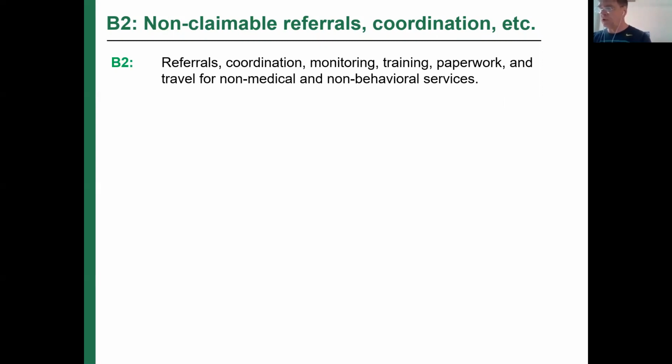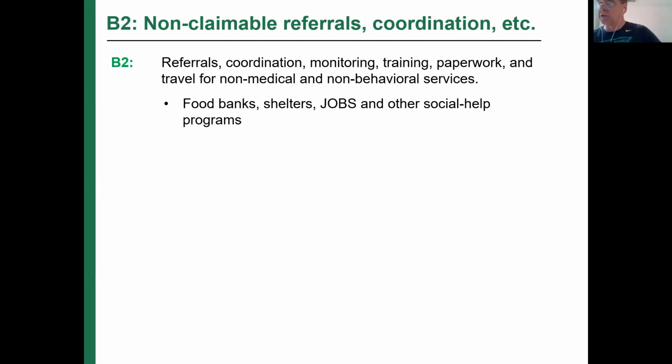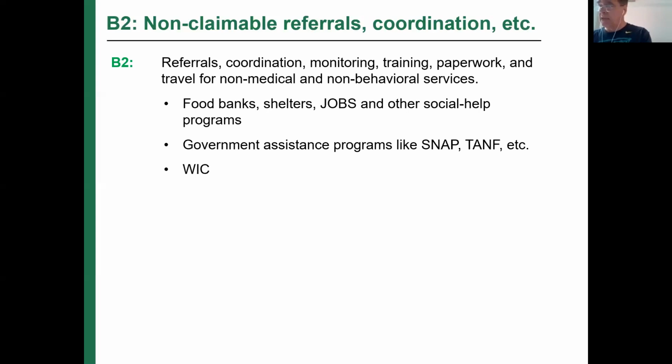So use B2 for time connecting clients to social health programs like food banks, shelters, job skills training, etc. Also to government assistance programs such as food stamps or SNAP, TANF, and so on. You also use B2 for referrals, etc. to WIC.